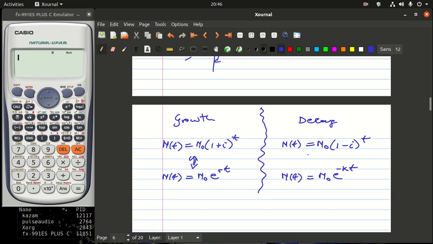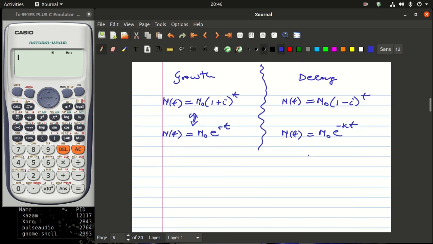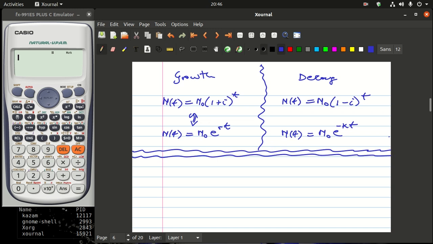Now, can we use this information that we have studied so far to solve the problems? Before we go in there, there are two things that I want us to talk about. The time, I'm talking about growth now. I'm going to take this side as growth again, and this side here, I'm going to talk about decay.